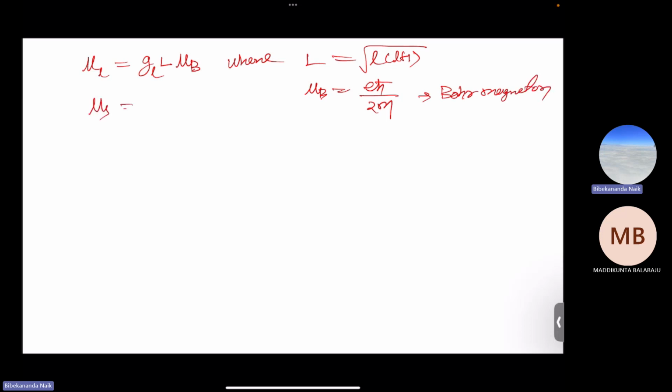Similarly, mu S is g S times root of S into S plus 1 times mu B. Here g L is 1, but g S is 2, and mu B similarly is the Bohr magneton.